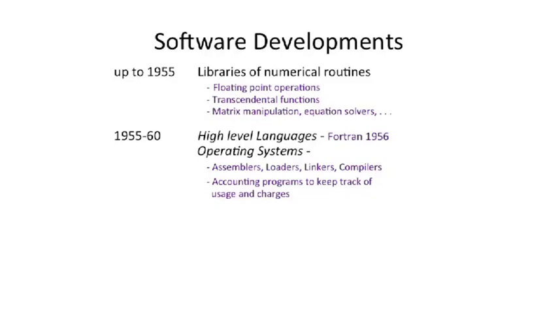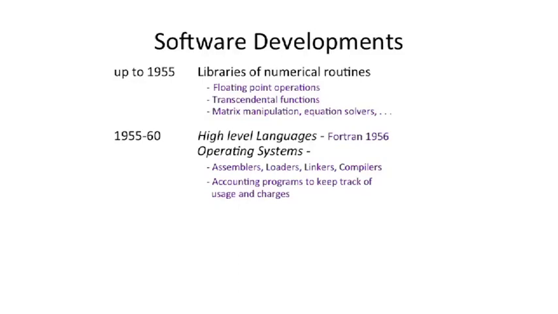So you had to write ones and zeros, or you had to write assembly code. And sometime in the mid-50s, we started to see libraries show up. Floating point operations were made easier. We had transcendentals, those are the sine, cosine libraries. You had some matrix and equation solvers.